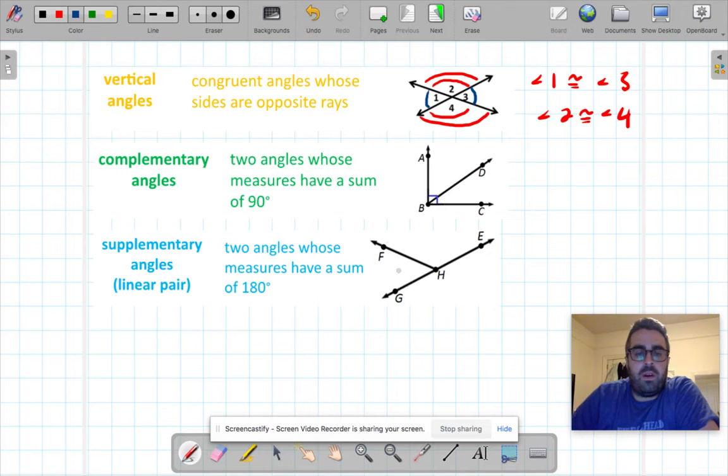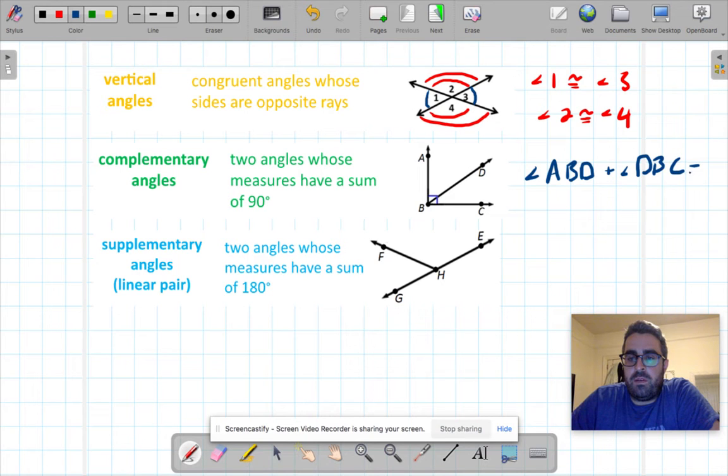Complementary angles are angles who have a sum of 90 degrees. So in the diagram here, the measure of angle ABD plus the measure of angle DBC is equal to 90 degrees.